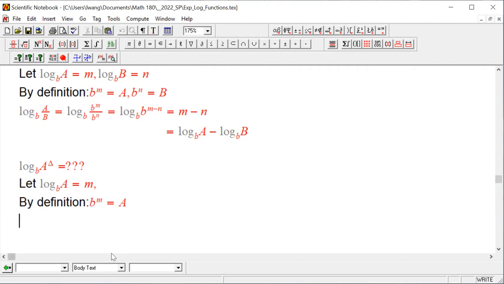And then what do we get? We look at this piece, and we have log base B of capital A raised to the power of a triangle. But I want to replace A by its equal. A is equal to B to the power M. So I'm going to replace the capital A by its equal.